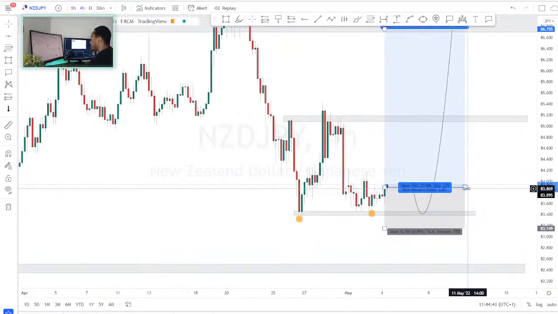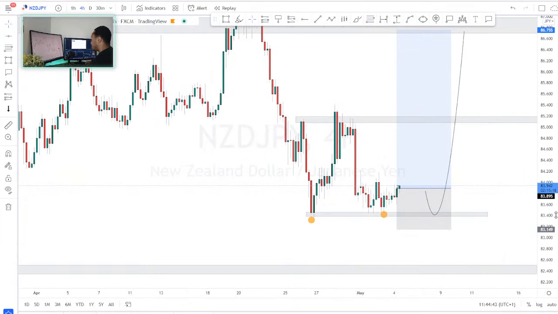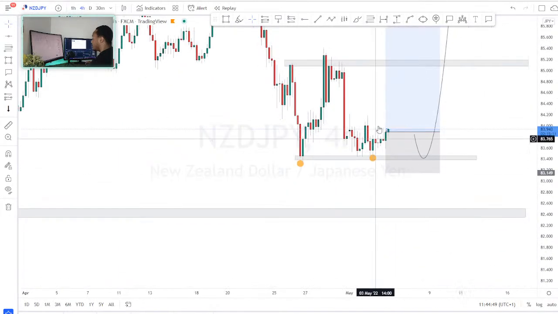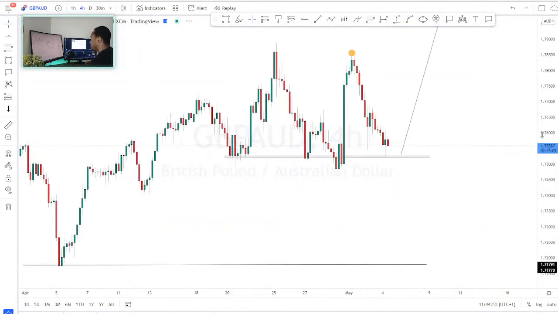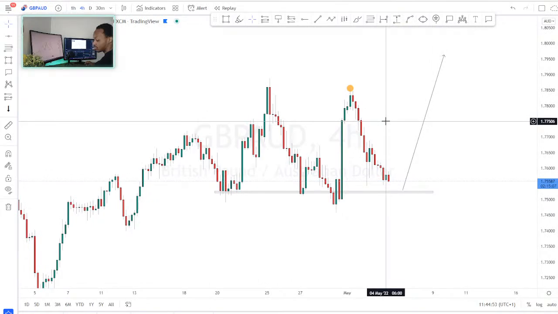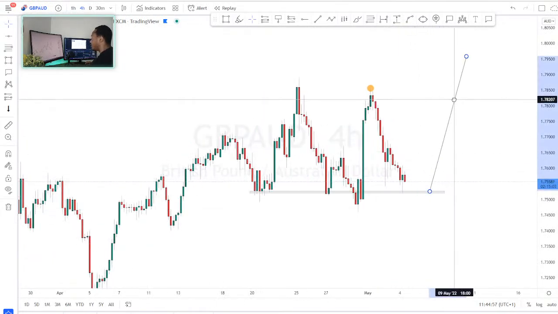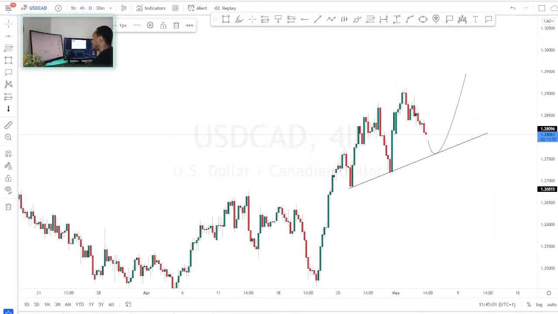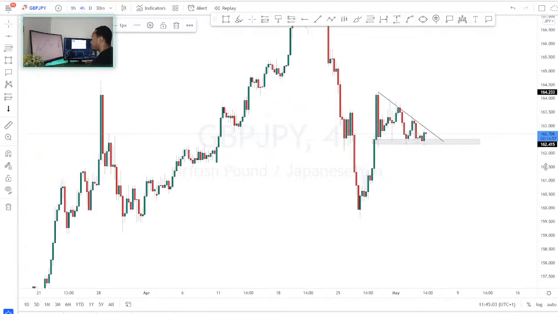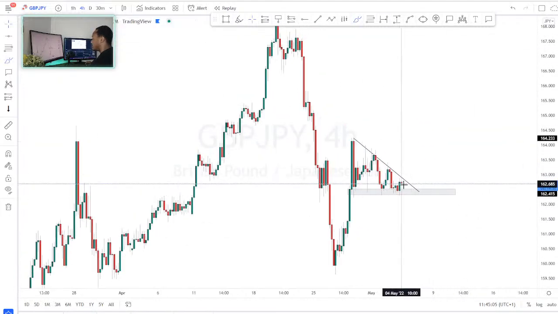Okay, still in this one, and yeah, it's taking its time, but we'll see what happens, whether it's just going to get going or roll over. Pound AUD, I was in this one yesterday, not moving too well. I'm still looking to see if we can go long, but just not finding that structure there. And USD CAD, still looking for that retracement. Pound JPY, I'll probably wait for price to push higher first before I entertain anything.